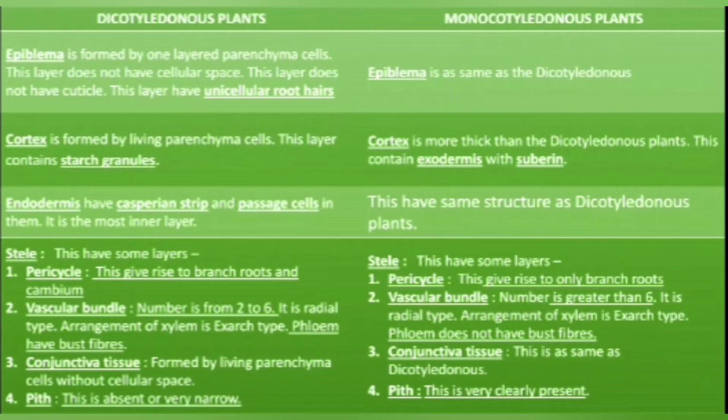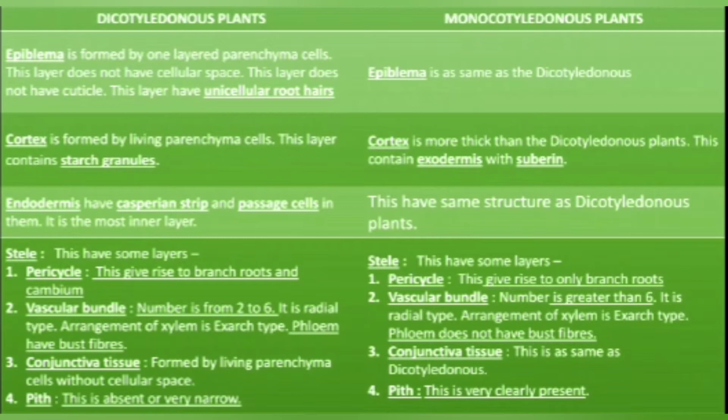Now the cortex layer. This cortex layer has starch granules. But in monocotyledons, the cortex has suberin. The endodermis is the same in dicotyledons and monocotyledons. They contain the Casparian strip and the passage cells.